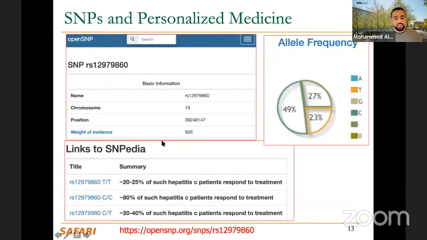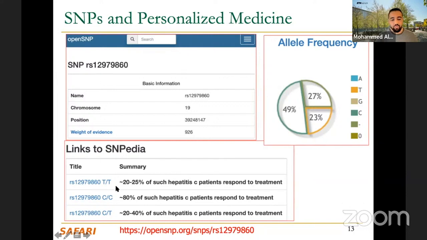Now, this is the same thing in more detail, about the blood pressure I was explaining. This is for a different disease, which is hepatitis C, but it's exactly the same idea. Now, this is an open access database. If you go to this link, you will see some information similar to this. It tells you that at chromosome number 19 in your DNA, at this location, if you have a T coming from the mother and a T coming from the father, then 20% of such patients responded to treatment.